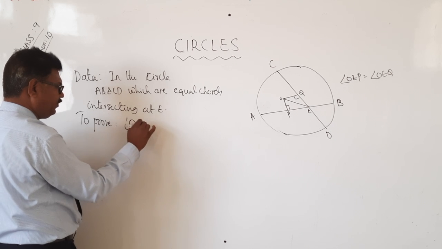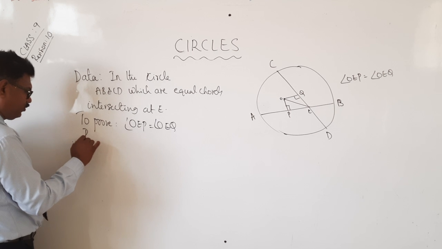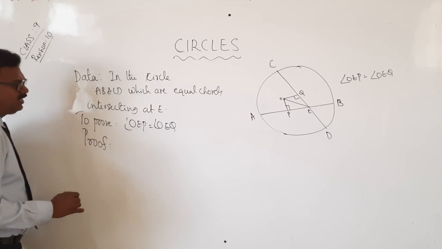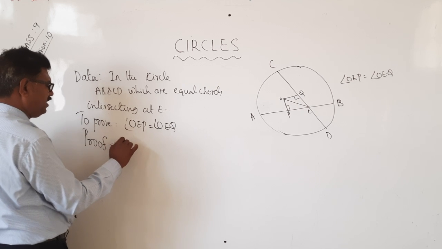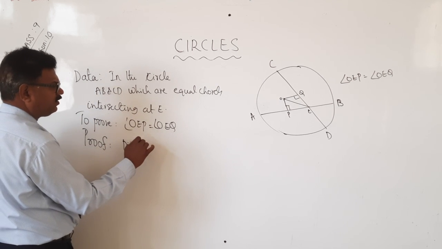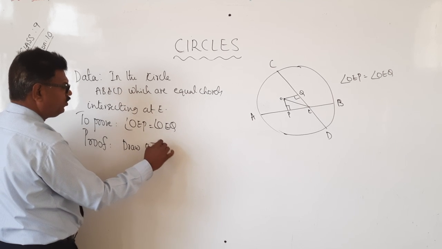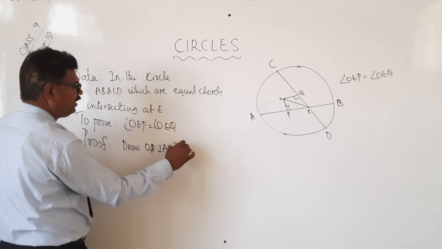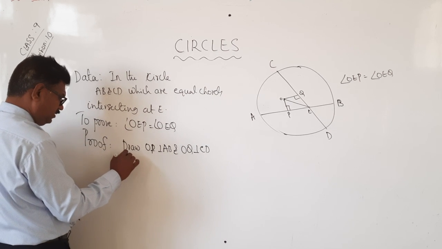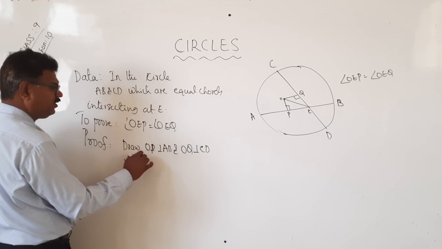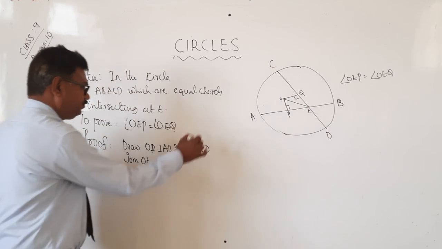Angle OEP equal to angle OEQ. So proof, very simple. Yes. Draw OP perpendicular to AB and OQ perpendicular to CD. Join OE. Right?